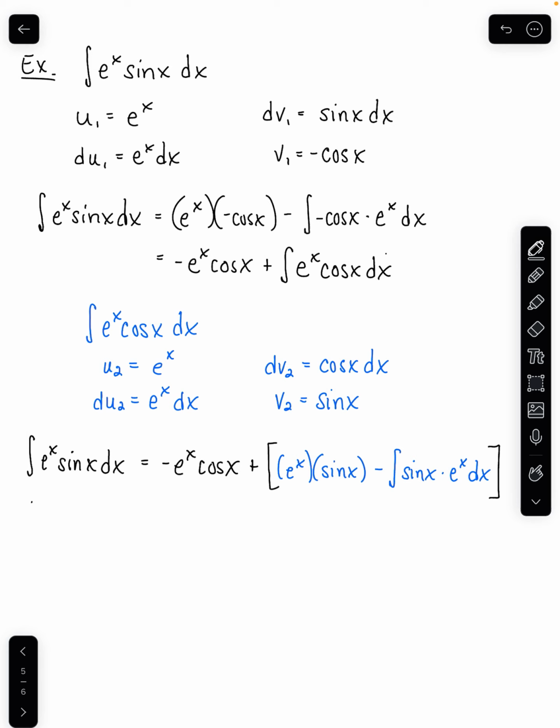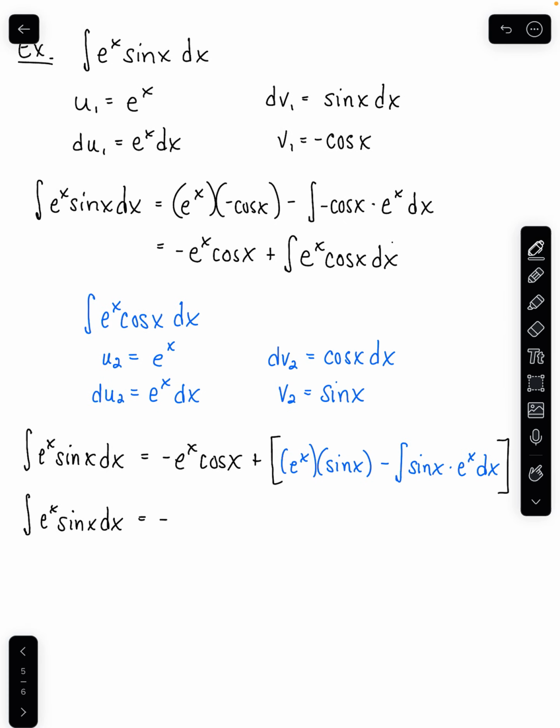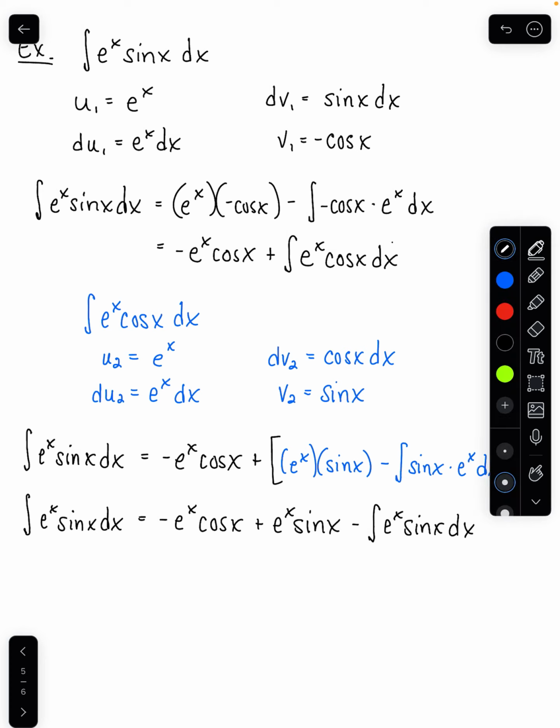To clean that up a little bit, and what you may notice here is that because of the cyclical nature of the derivatives and antiderivatives of both e to the x and sine of x, we actually now have the same integral that we started with has shown up again over here.